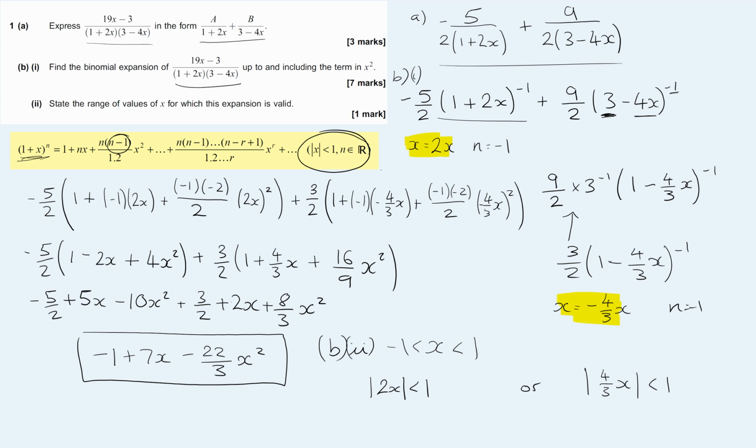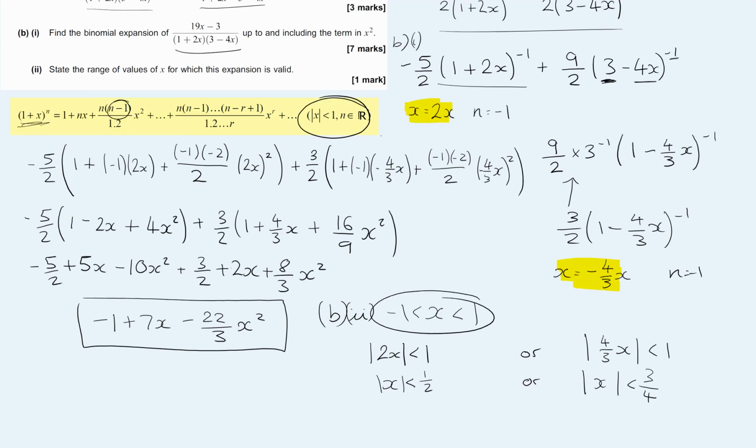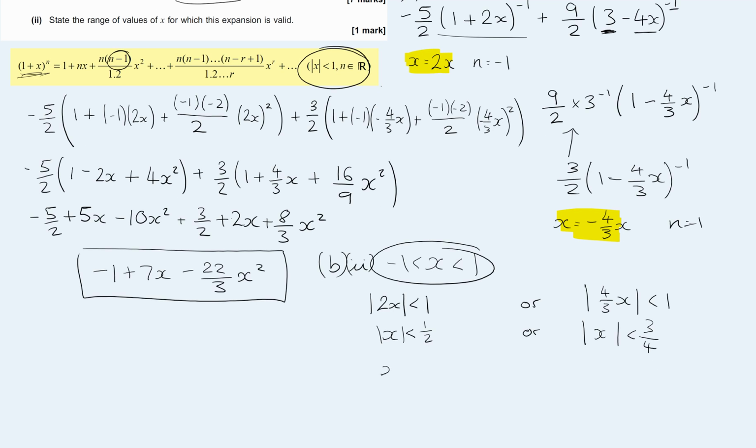So from here, we can say the absolute value of x must be less than 1/2, or x, and we're timesing by 3, dividing by 4, so less than 3/4. So if we take this definition again, x is either got to be between 1/2 and -1/2, or x has got to be between -3/4 and 3/4.